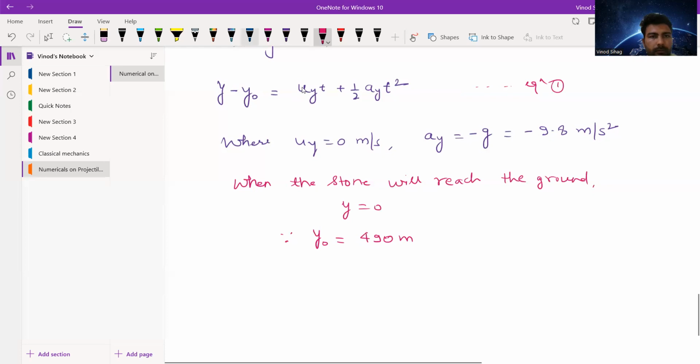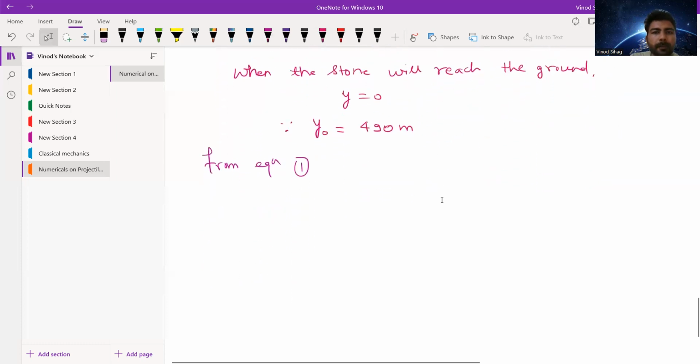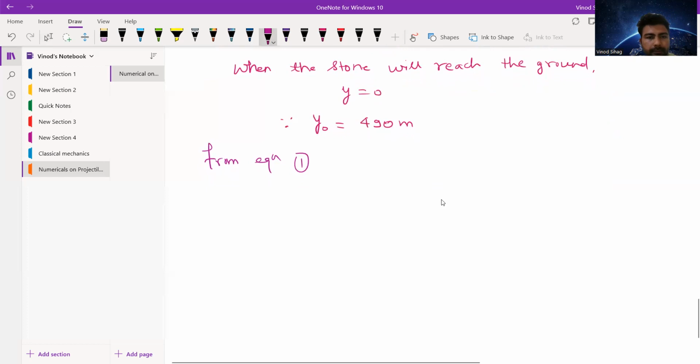So from equation 1, we can write that 0 minus 490 equals 0 into t minus 1 by 2 into 9.8 into t square.